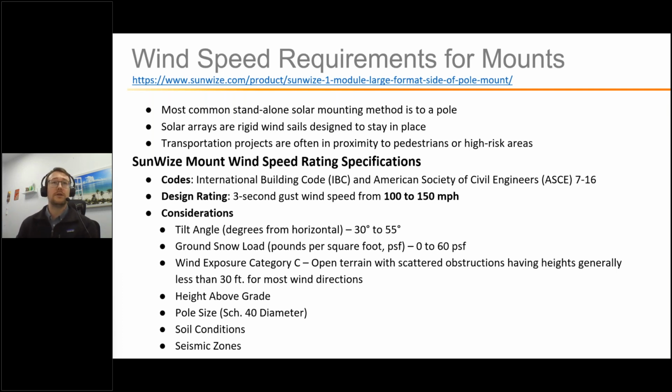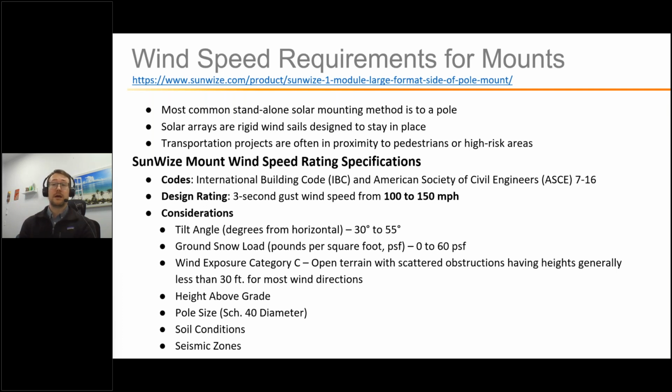Our certification design parameters are based around both IBC, the International Building Code, as well as ASCE 7-16. Our design rating ranges are defined on a 3-second gust wind speed, approximately 100 to 150 miles per hour.